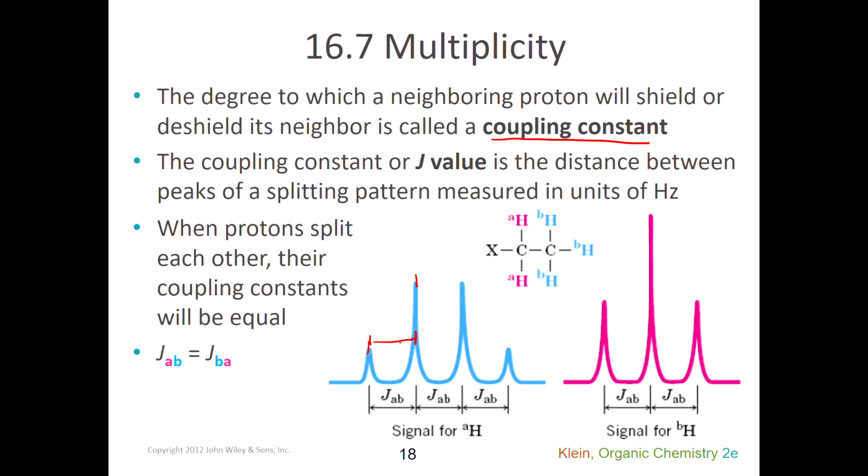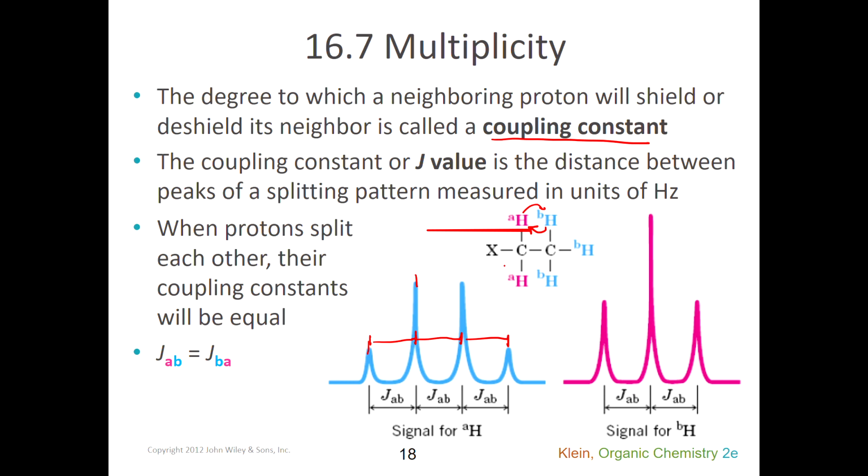How far apart are they? And so in this example, A is splitting B. When A splits B, it creates a specific distance between all the peaks, and they're all the same distance apart. If A is splitting B, B has to then be splitting A.